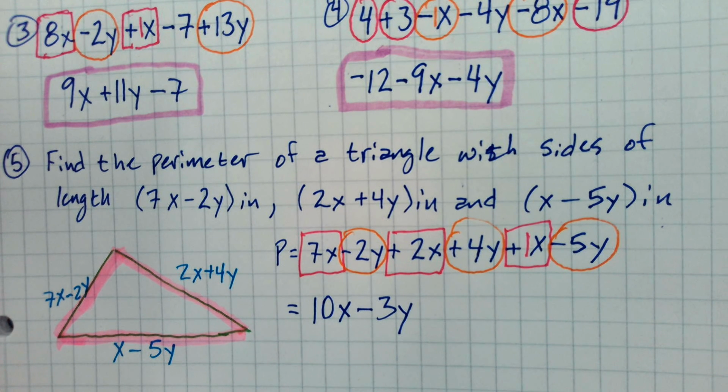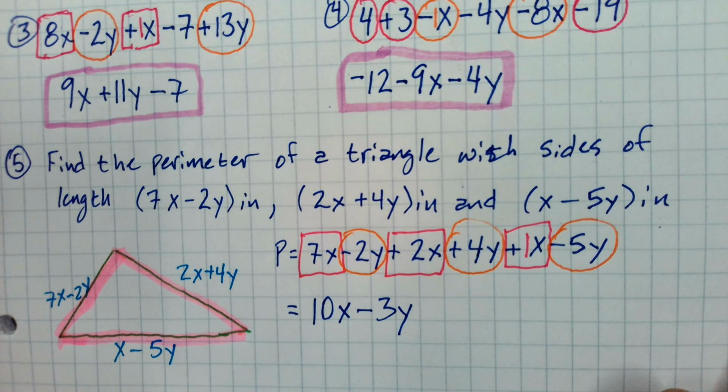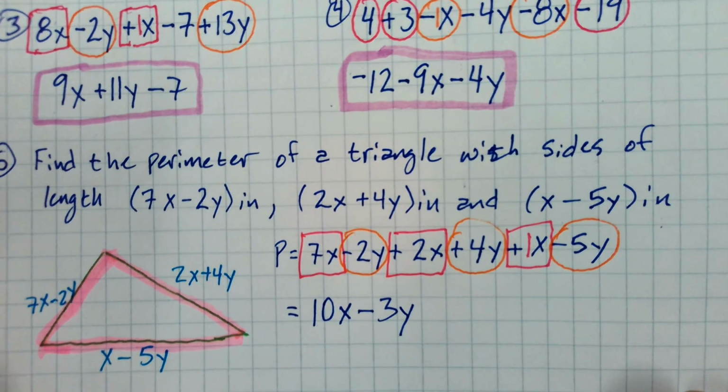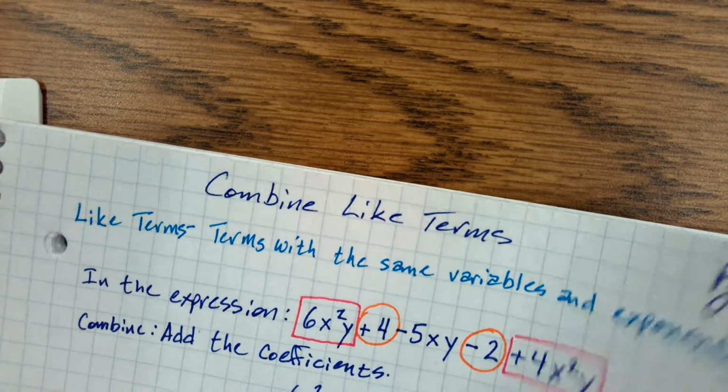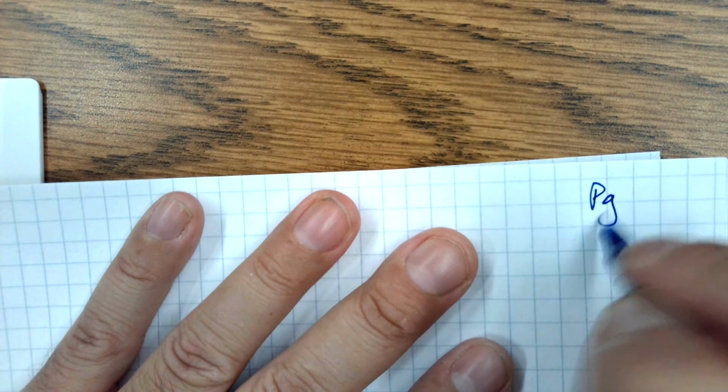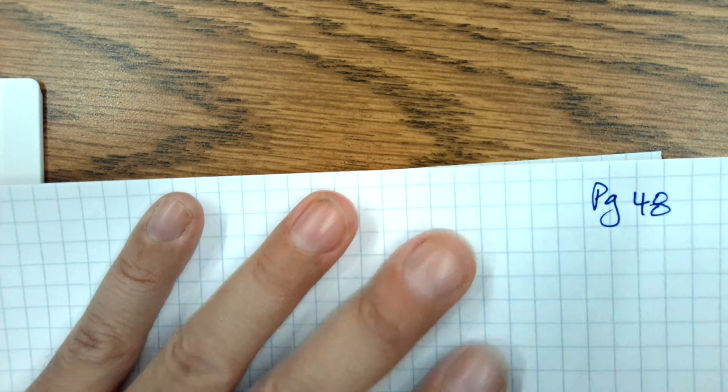Okay, we got one more, and it has to do with perimeter again, but it has to do with the perimeter of a rectangle. All right, so you guys ready? I gotta flip my page. So I'm on to page 48. Okay.